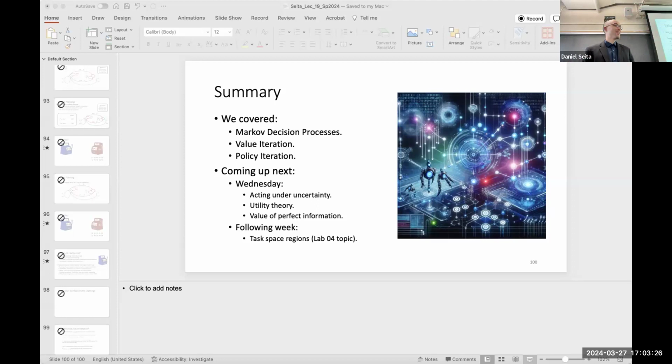So the value of perfect information of knowing where the oil location is K over 2.